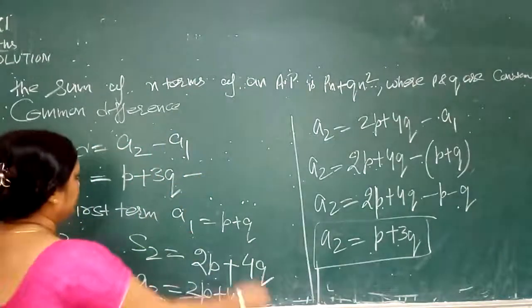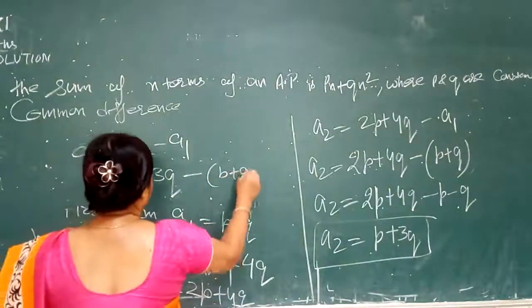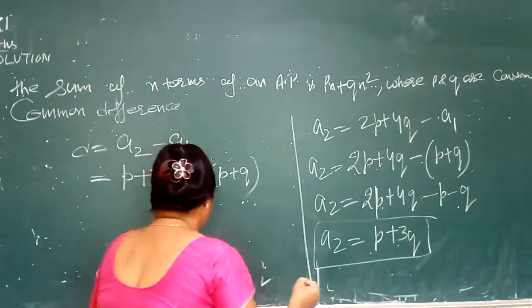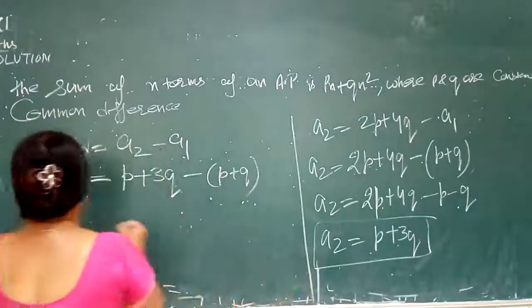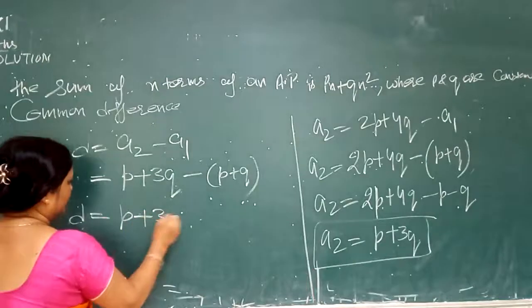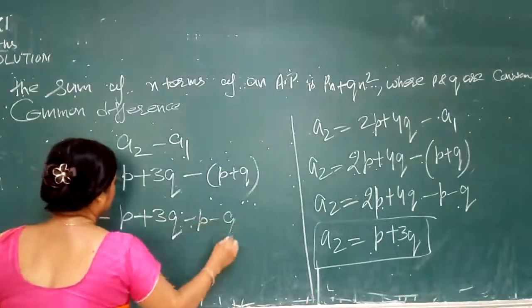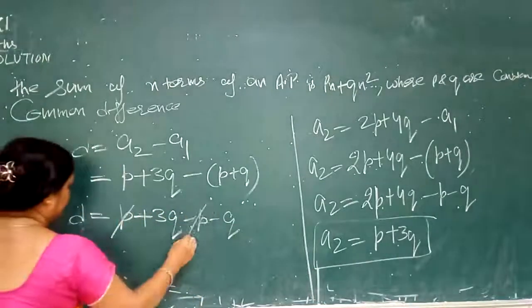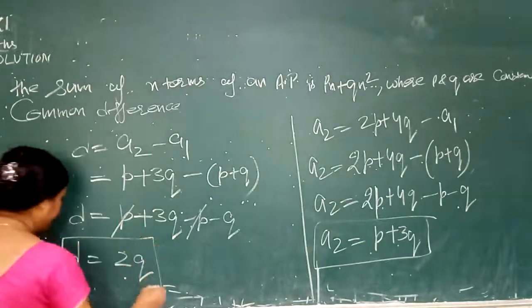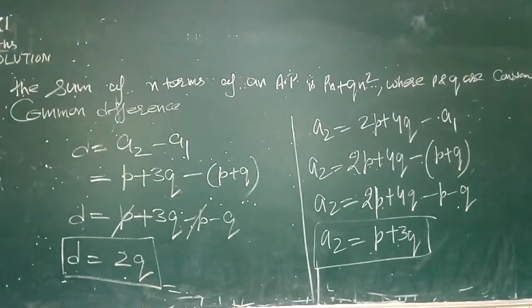That is P plus Q. So find the difference. It will come D is equal to P plus 3Q minus P minus Q. P cancels with minus P, so it is coming here 2Q. So the value of D is here 2Q.